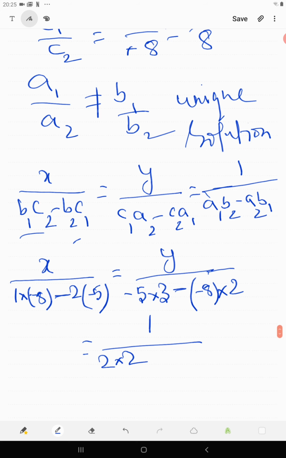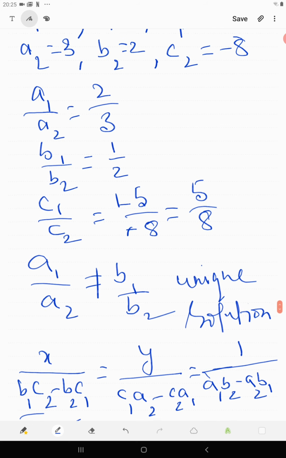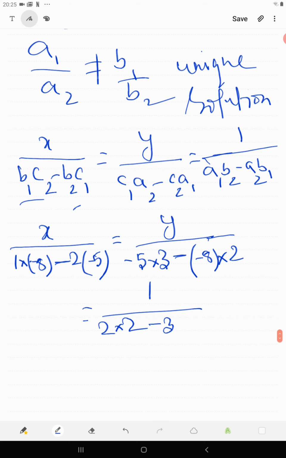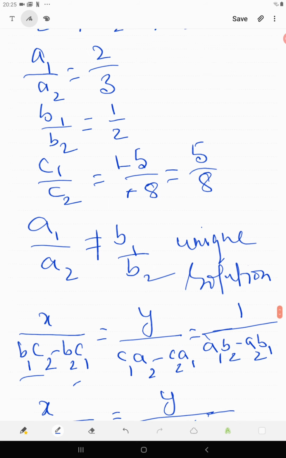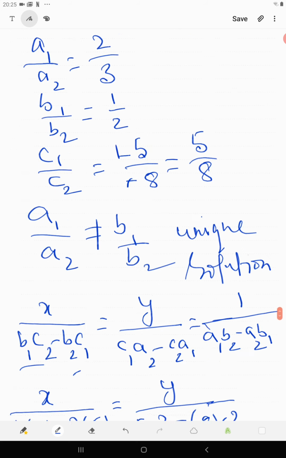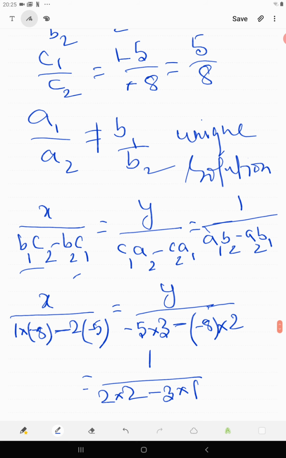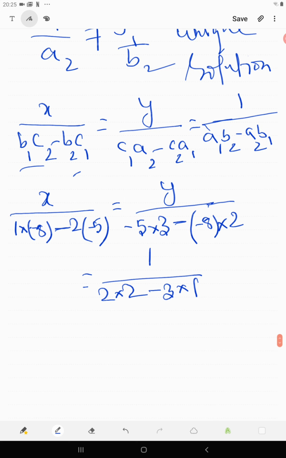So 2 into 2. Then minus A2 B1. So A2 is 3 into, what is B1? B1 is 1. Okay, so this is our expression.